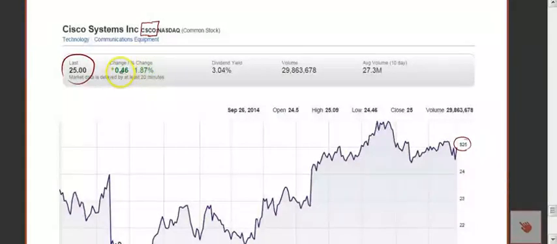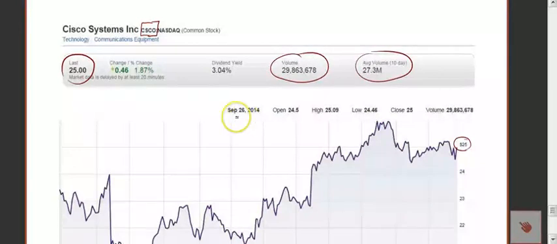So here the change is 0.46, which means there was a change of 46 cents, and that's a 1.87% change. So the price went up. You get a volume, how many shares were traded, and then it gives you an average volume over a 10-day period. 27.3 million shares were traded on average in a 10-day period.